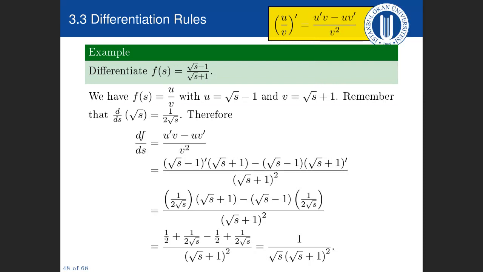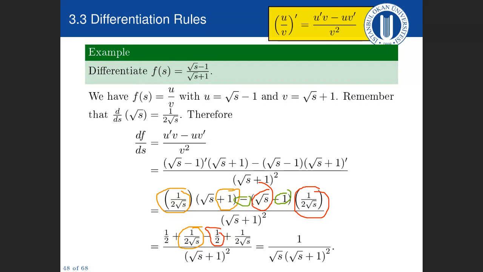And then we have 1 over 2 root s multiplied by plus 1, which gives 1 over 2 root s, minus root s multiplied by 1 over 2 root s gives me a half. And then the final term is minus a half, but also another minus, so plus 1.